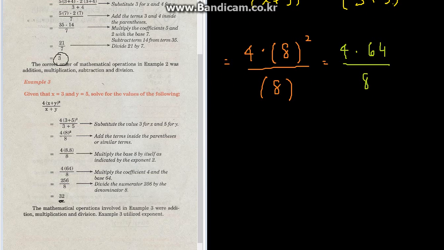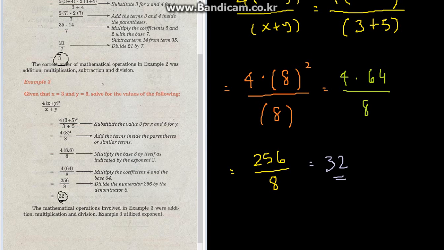Well, if we multiply 64 by 4, then we get 256, divided by 8, and 256 divided by 8, we get 32, which is the correct answer.